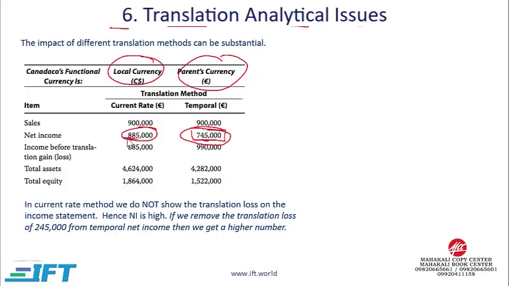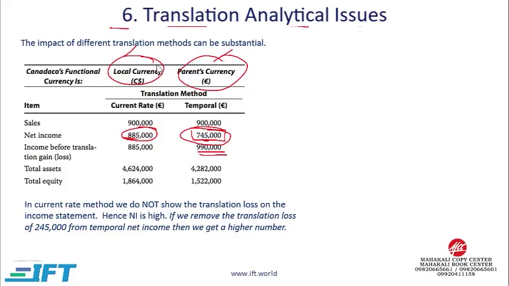However, if the translation impact is removed and we look at income before the translation gain or loss, then the temporal method actually gives a higher income. Now, what does this mean for you as an analyst? Clearly, if two companies are similar and use a different method to translate, then you have to make adjustments.